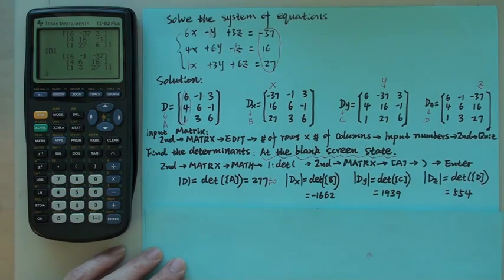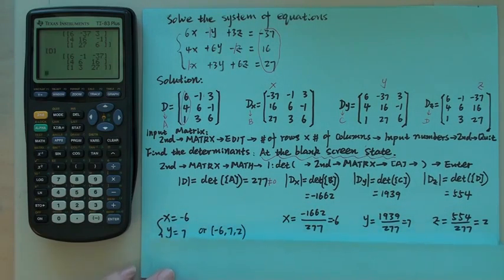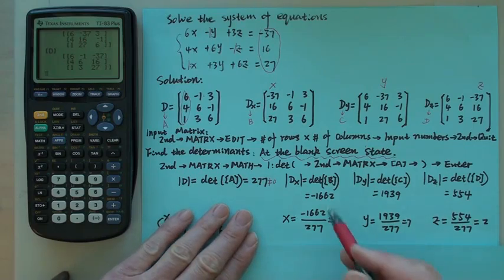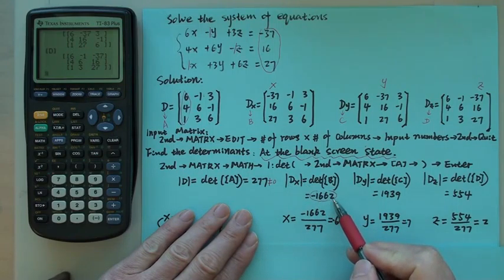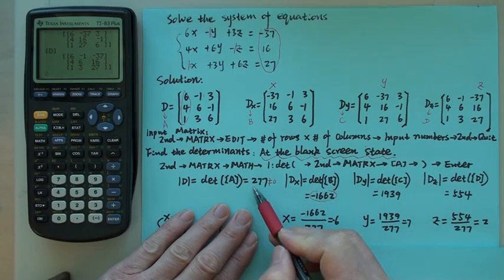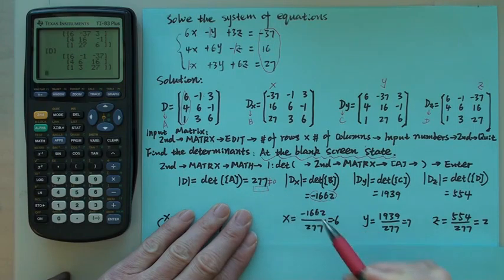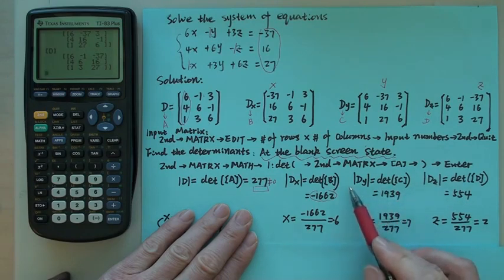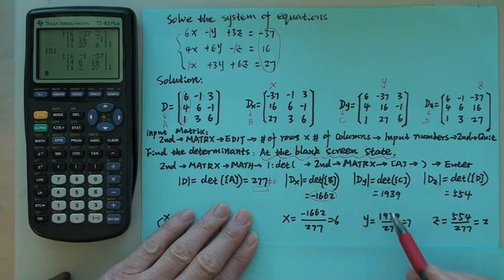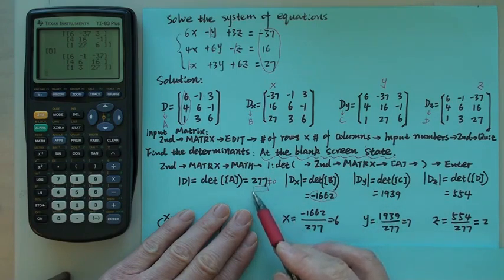Now we may use Cramer's rule right here. The determinant of D sub x divided by the nonzero number 277 gives us negative 6. The determinant of D sub y divided by the determinant of D is 7.